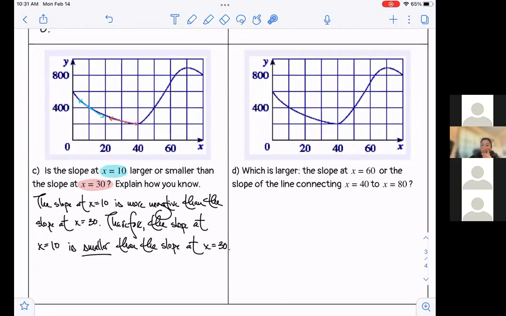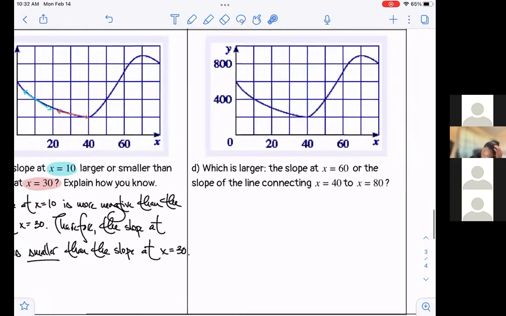All right, let's take a look at one more picture, and then we're going to go ahead and summarize 3.1, okay? So question D, which is larger, the slope at x equals 60 or the slope of the line connecting x equals 40 to x equals 80?